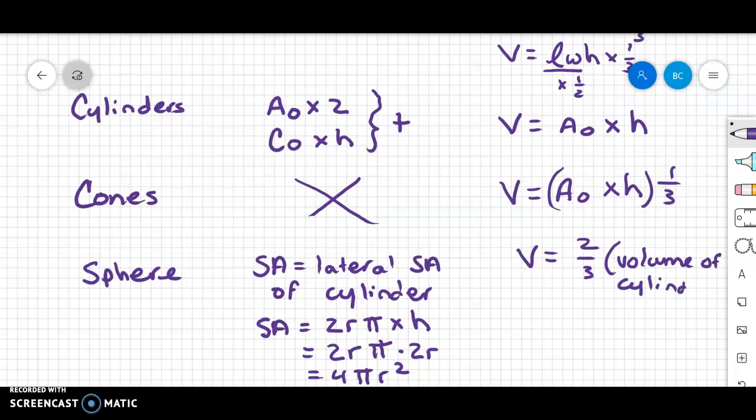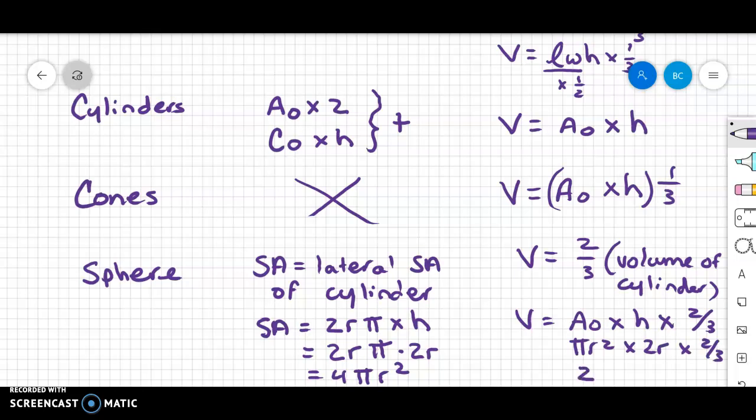So we go back to what we know about the volume of a cylinder, and it is the area of the base times the height. And again, we're going to multiply times 2/3 when we're done with that. The area of the base is going to be pi r squared. Again, the height is going to be 2 times r, and then we've got times 2/3.